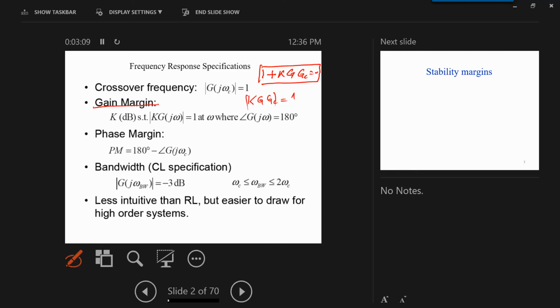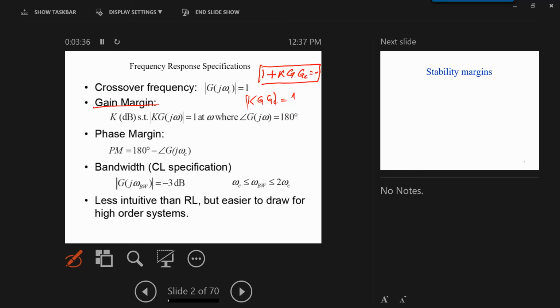So we look at the phase plot, we find the crossing of minus 180 degrees, and we project it on the magnitude plot. We find how much gain we can increase to get the magnitude of K G Gc equal to 1. Okay. Example.